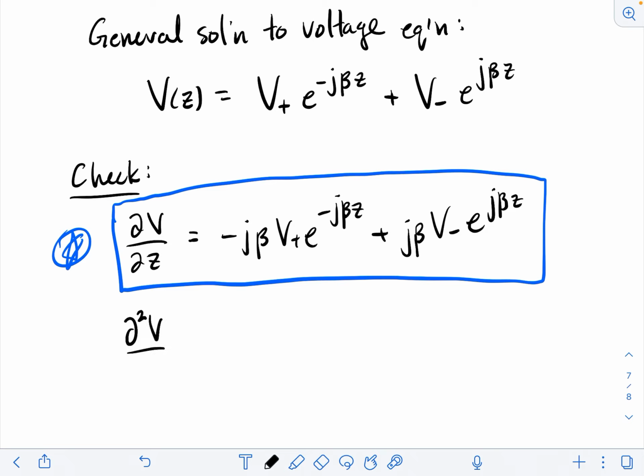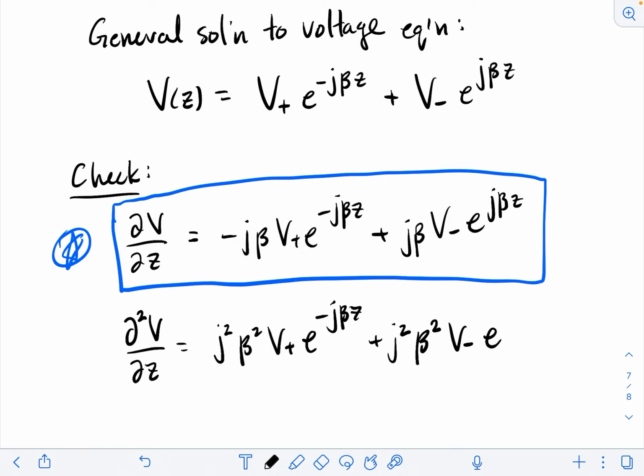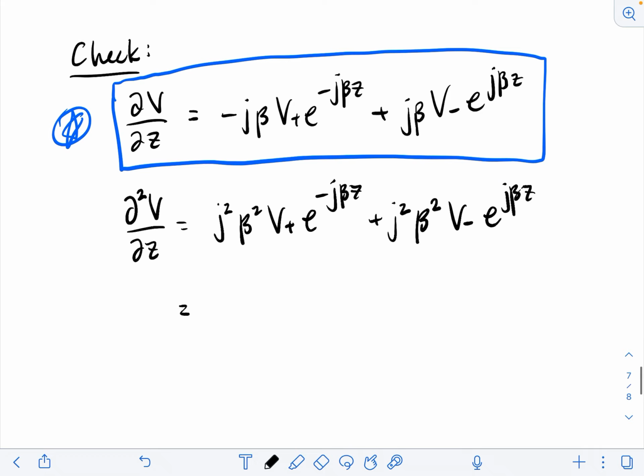We'll get j squared beta squared V plus e to the minus j beta z, and then we'll get plus j squared beta squared V minus e to the j beta z, which is equal to, the j squared is going to be minus 1, so we'll get minus, and we have beta squared in both terms, so we can factor that out.